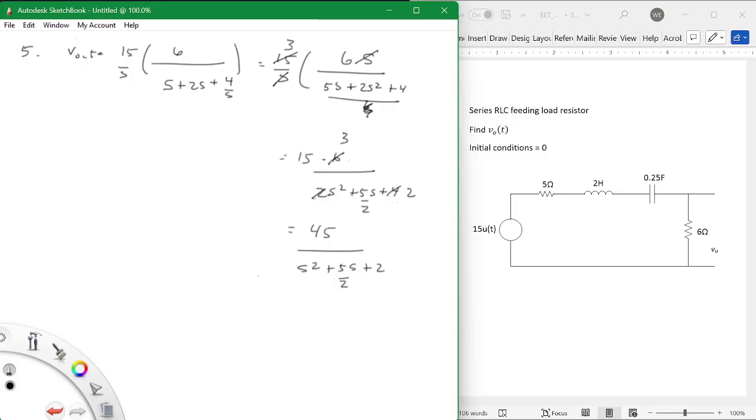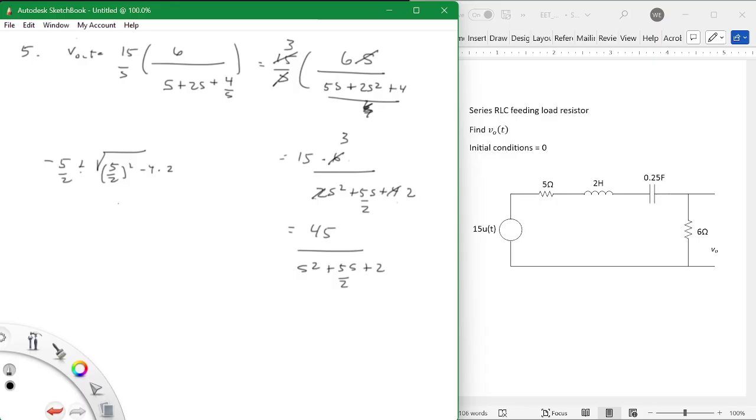If you want to, but this one turns out to be minus b, minus 5 halves, plus or minus the square root of b squared, which is 5 halves squared, minus 4 times a times c times 2. This is minus 7/4.